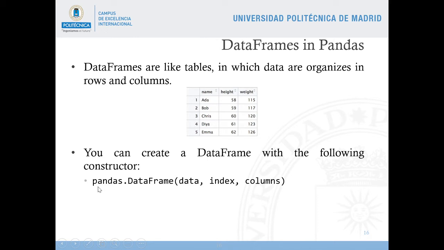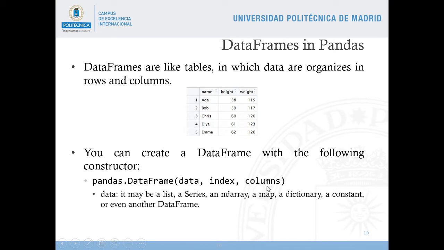We can say just pd.DataFrame. We can give the data to include in the data frame here, then index and columns. As I said, the data are the elements that we want to include in the data frame. It might be a list, a series, an array, a map, a dictionary, a constant, or even we can give another data frame.